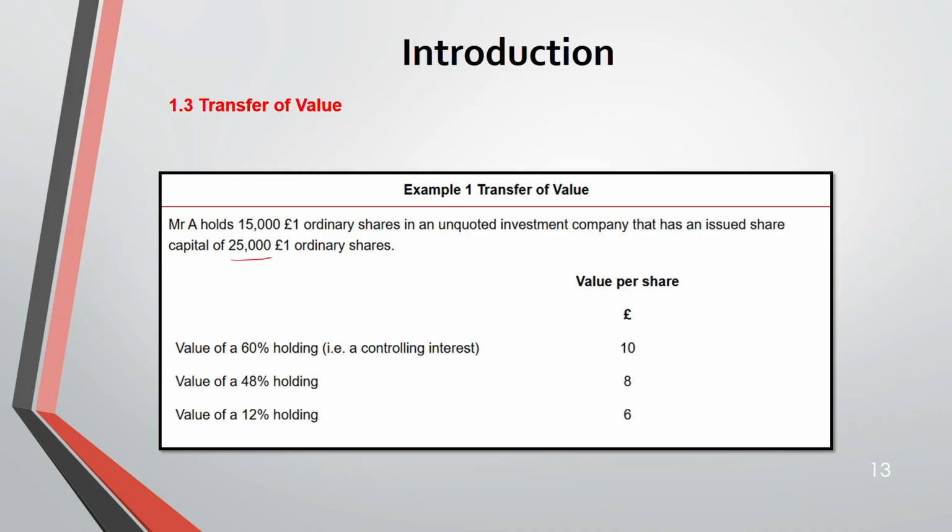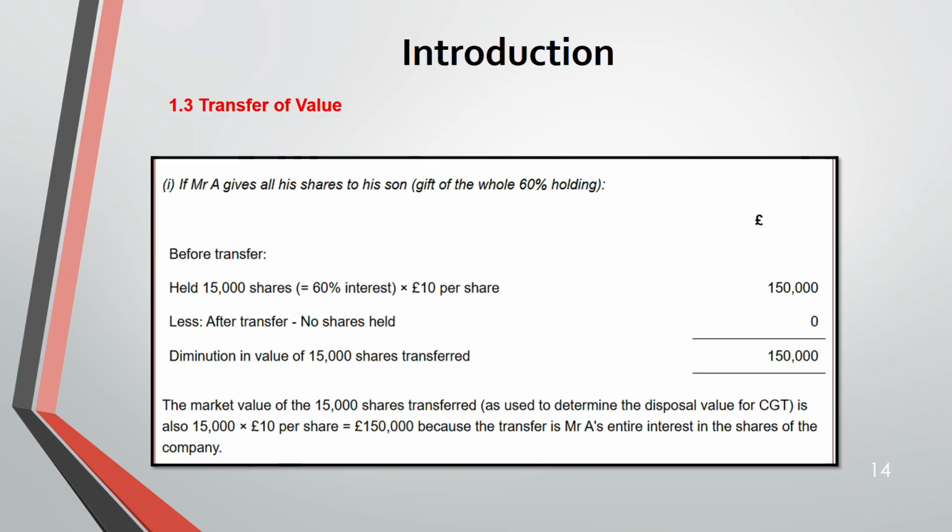So 15,000 ordinary shares out of an issued share capital of 25,000. First you have to see the percentage holding to decide the value per share. Then only you can decide the value per share. Imagine he's giving the whole 60% holding to his son.